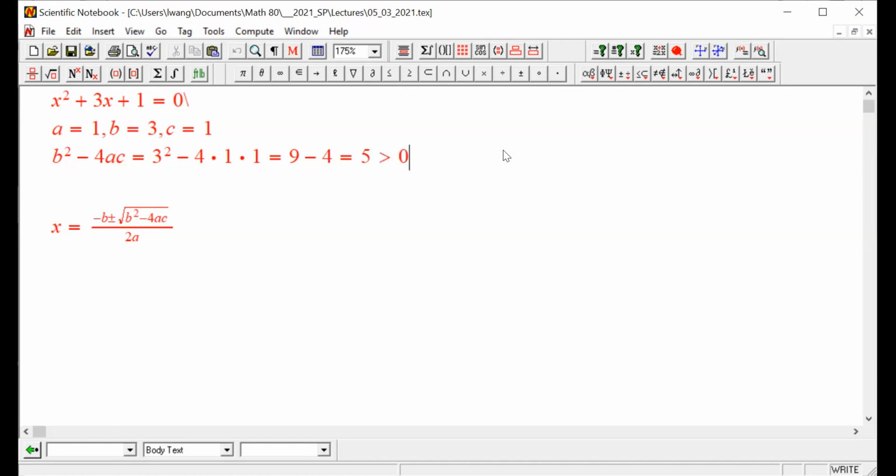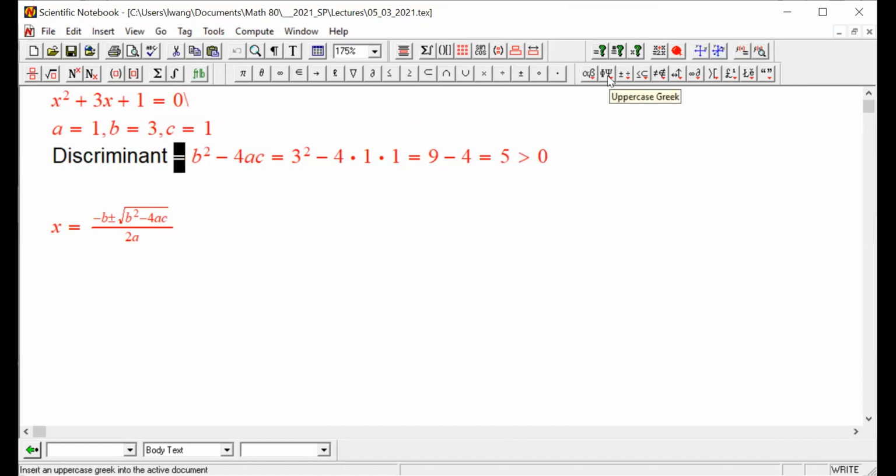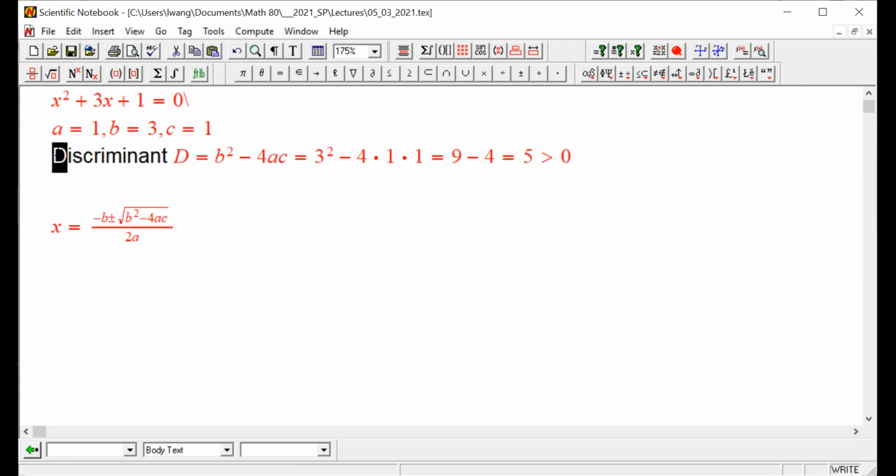We have a positive number, and this is called a discriminant. This quantity has a meaning. Discriminant. In a lot of textbooks, they use a special symbol to represent it. For convenience, you can just use a capital D. D is the first letter of discriminant.